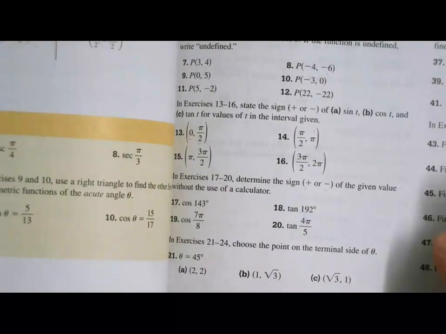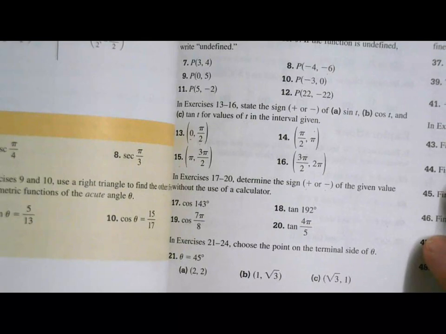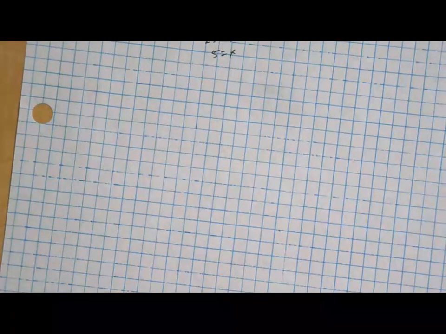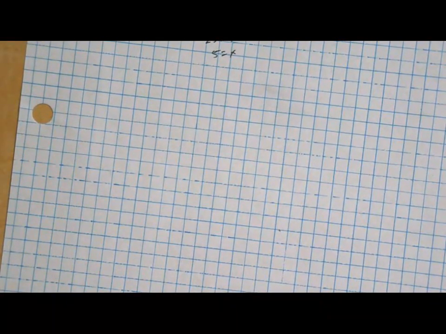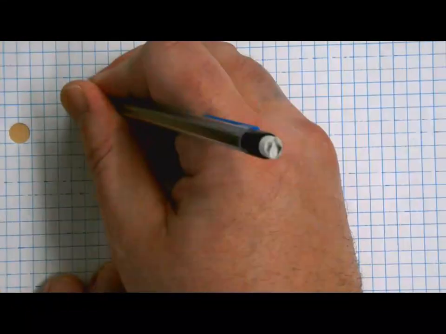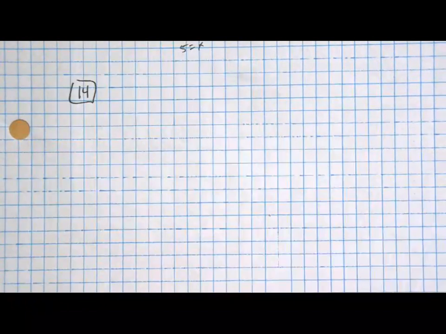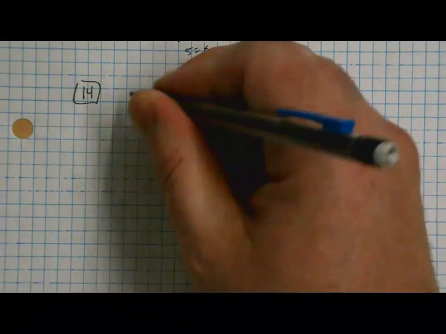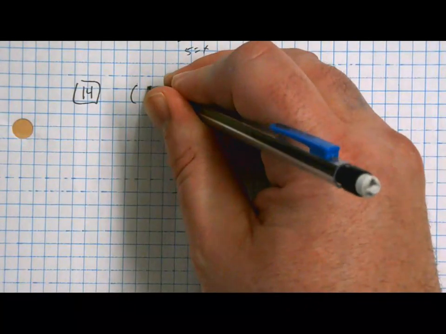I want to do 14 because the instructions are kind of weird looking. Let me just show you what this is going to look like. So let's do 14 together. The instructions are a little bit tough to follow, but when you see this example, you'll be like, this is no big deal. The information they give you is pi over 2 to pi.